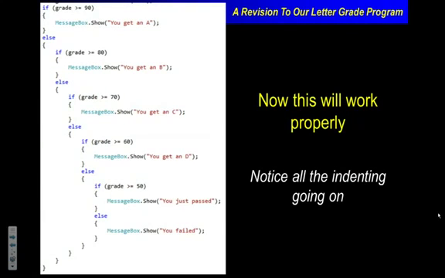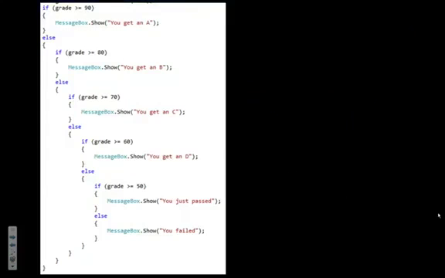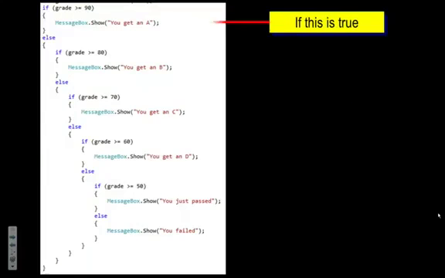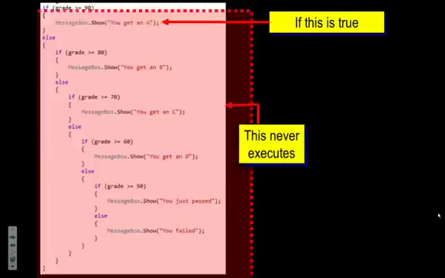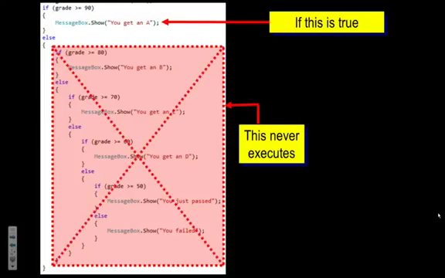So now, before you start panicking, this is how it works. If this is true up here, if the grade is greater than 90, just like any other if statement, if the if part is true, then the whole else statement doesn't execute. So everything that's inside that else, which is this huge block of code, doesn't run.